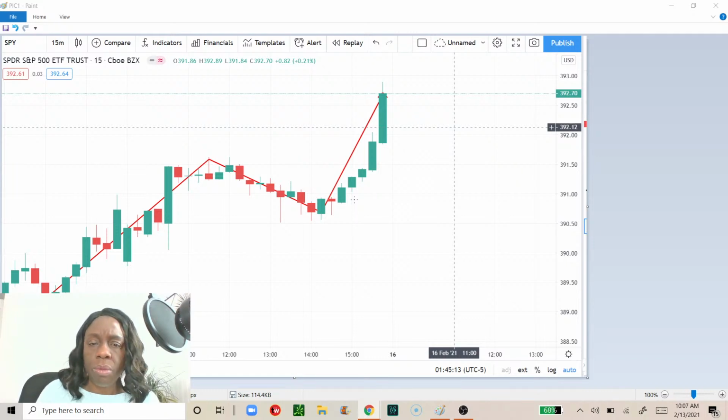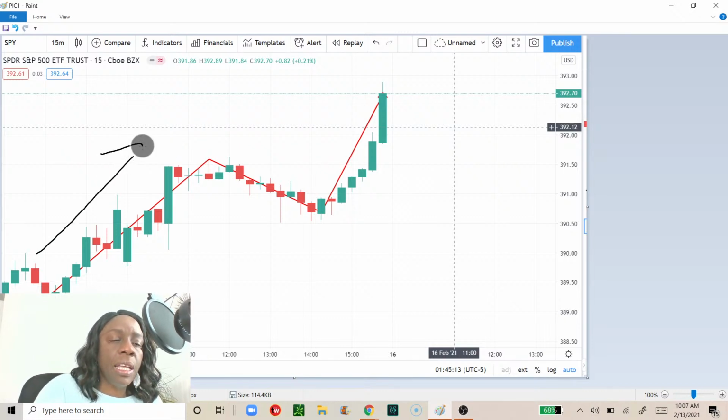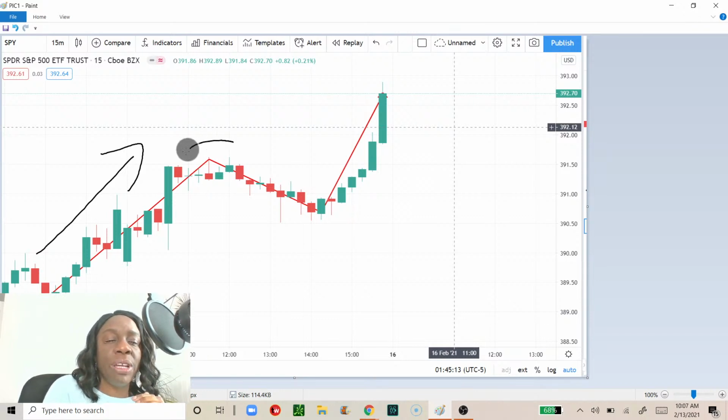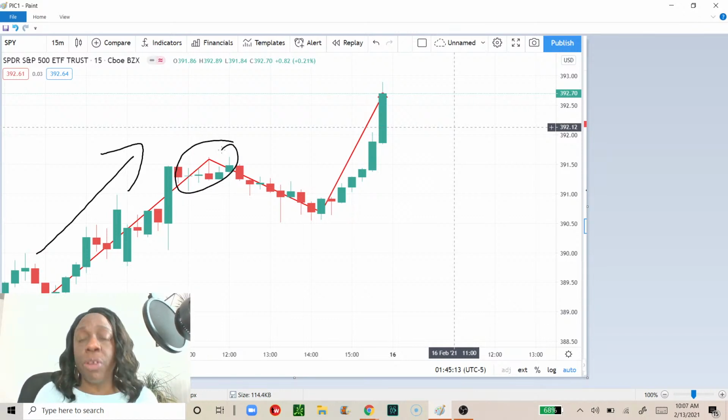Now, if we look at the first section here, let me try and draw an arrow. Let me see if that works. We see there was an upward trend, and then at this point, there was a reversal.